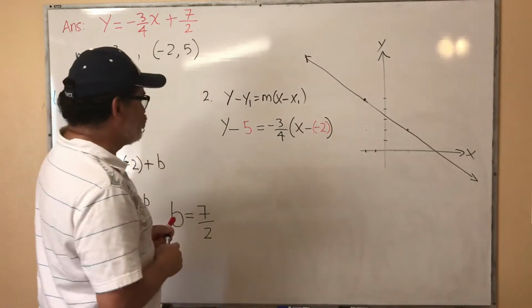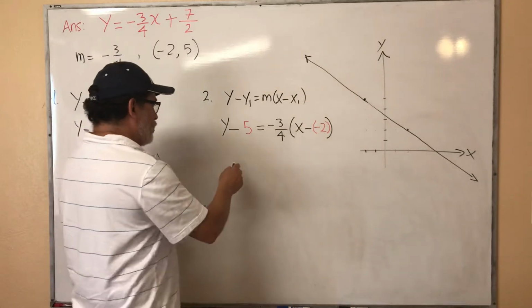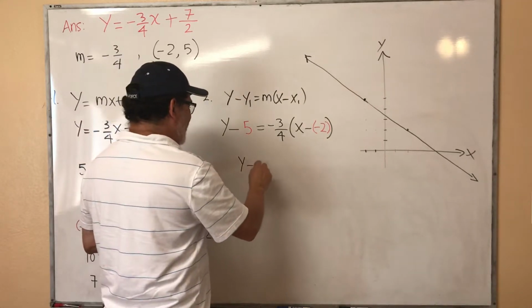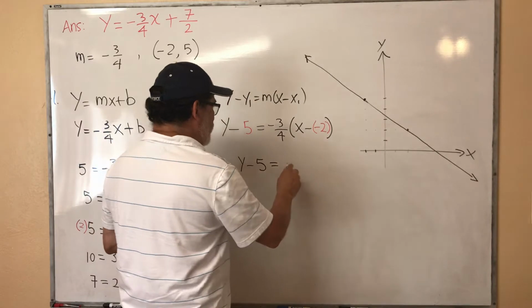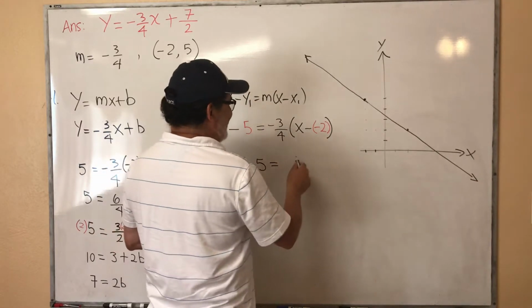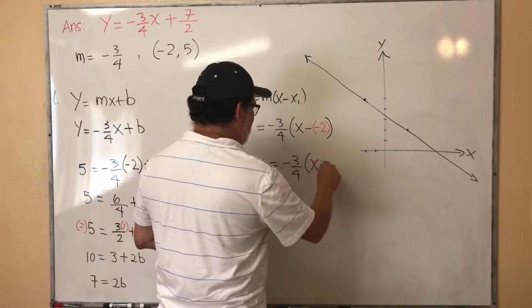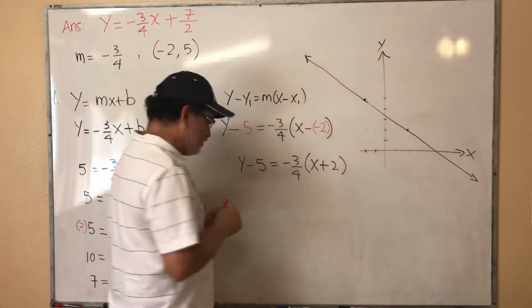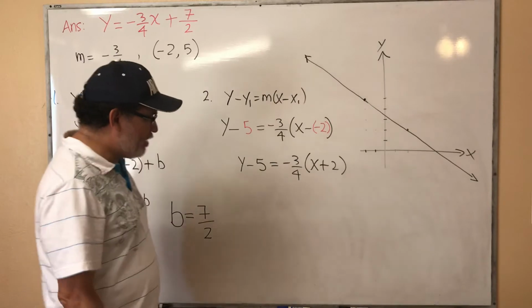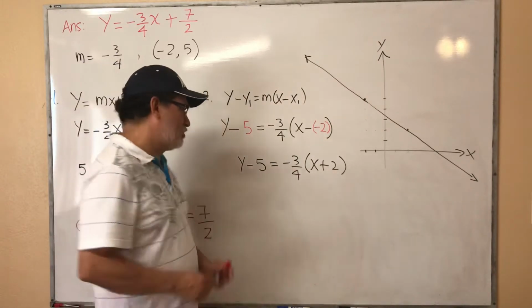Okay? So note, here we go. y minus 5 equals negative 3/4 x plus 2. Okay? I'm going to distribute.